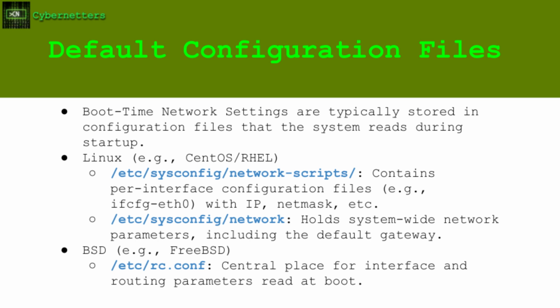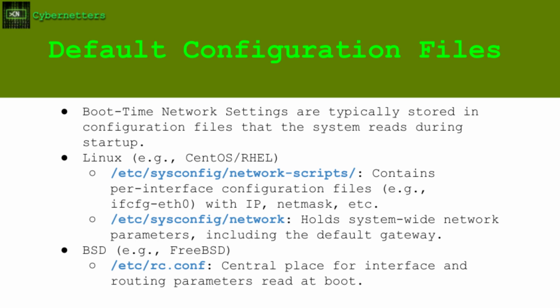When your machine boots up, it needs to know how to configure these network interfaces, and that information comes from configuration files. These files tell the system, hey, here's your IP address, here's your gateway, and here's how you should talk to your network. Now, where these files are stored depends on the operating system. If you're using Linux, specifically CentOS or RHEL, you'll find network settings in /etc/sysconfig/network-scripts.